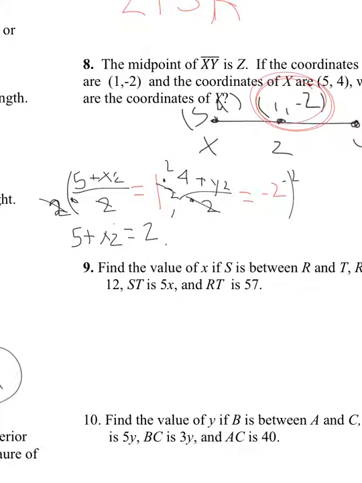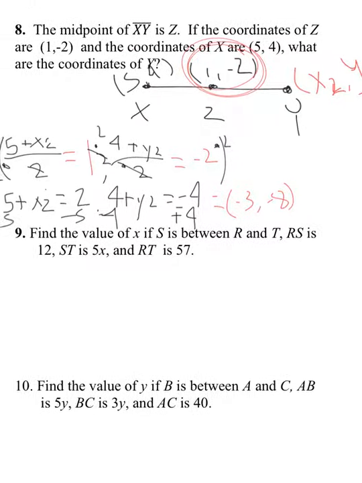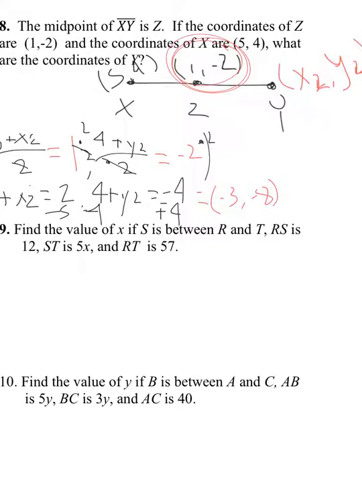That cancels, you get 4 plus y2 equals negative 4, and then minus 5, you're going to get negative 3, minus 4. Be careful here. Negative 4 minus 4 makes a plus a negative. You're going to get negative 8. And that is your answer. Negative 3, negative 8.